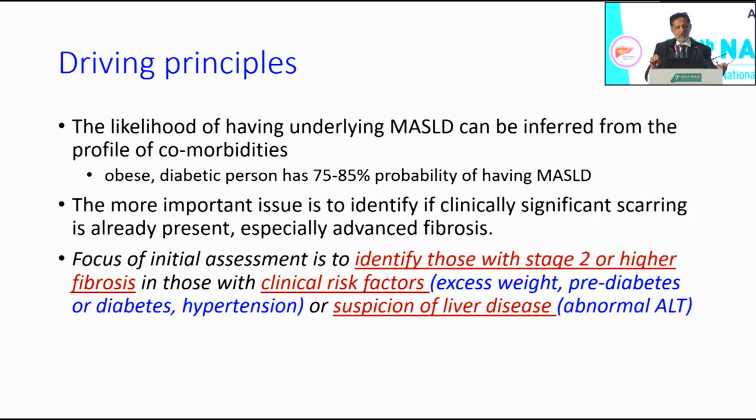And the focus of the initial assessment is to identify those with stage 2 or higher fibrosis, because that identifies the population at increased risk of outcomes. This applies in those with clinical risk factors, which are excess weight, prediabetes or diabetes, hypertension, or suspicion of liver disease, such as a patient who presents with abnormal liver enzymes.